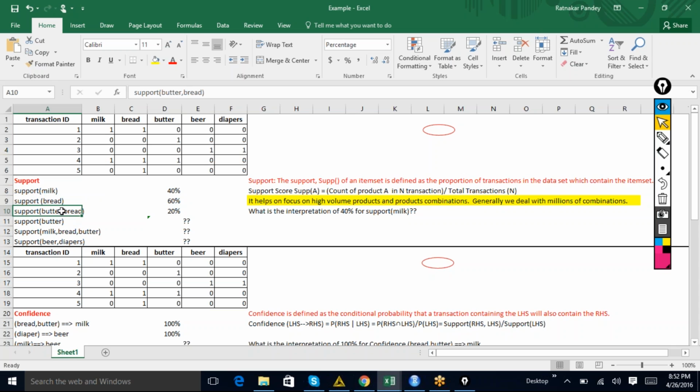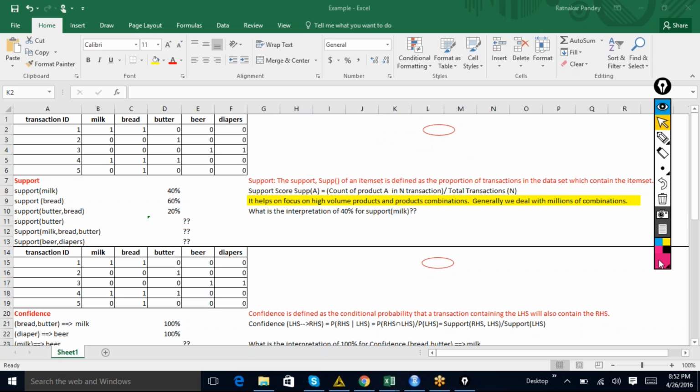Now, if I have to define the support for bread and butter, what does it mean? What are the transactions when bread and butter both have been bought together? How many cases are like that? Devesh says 5.